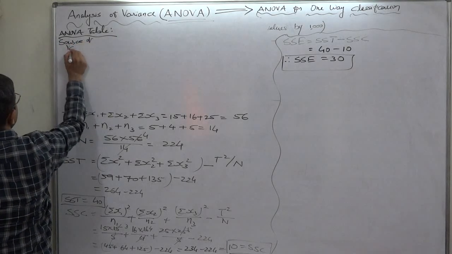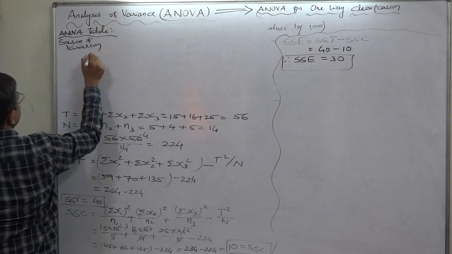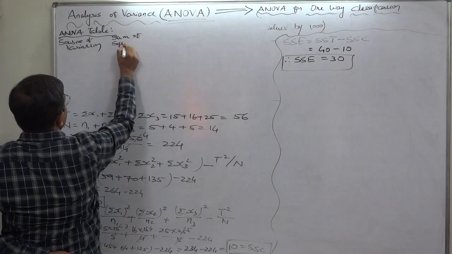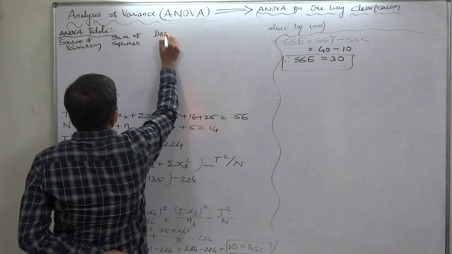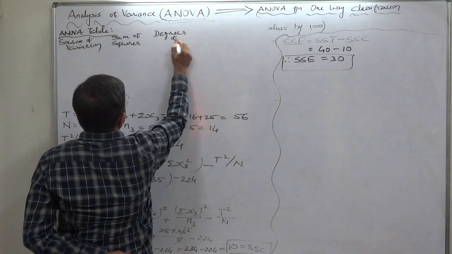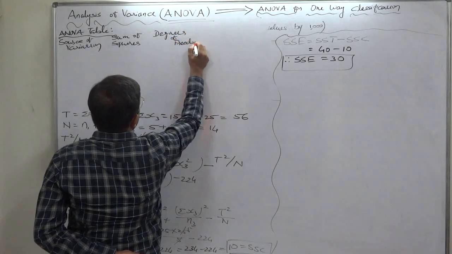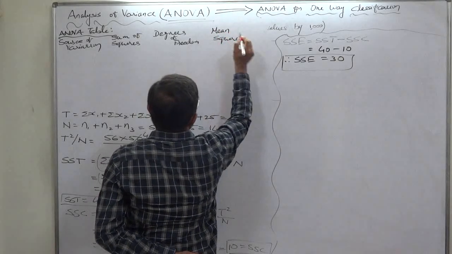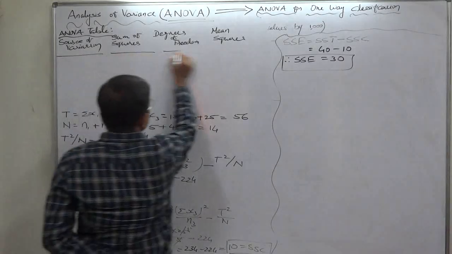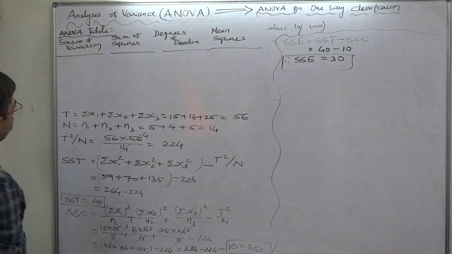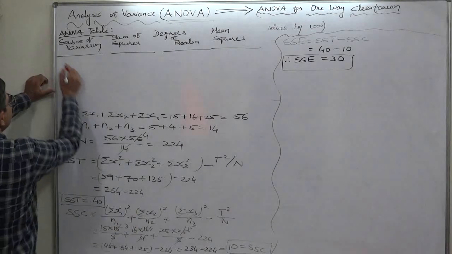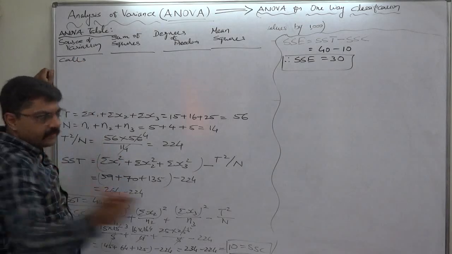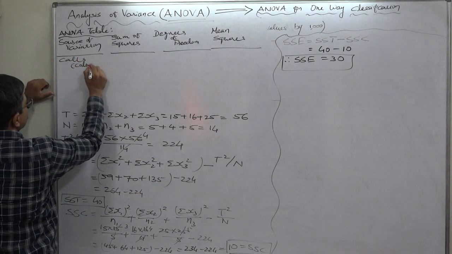Source of variation, sum of squares, degrees of freedom, mean squares or mean sum of squares, and the last will be F ratio. This one is, say, calls or sales efforts, but ultimately columns.